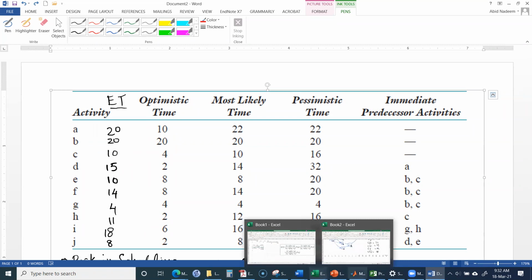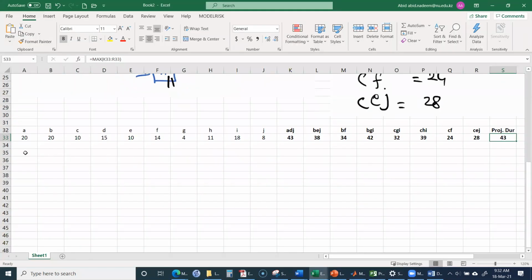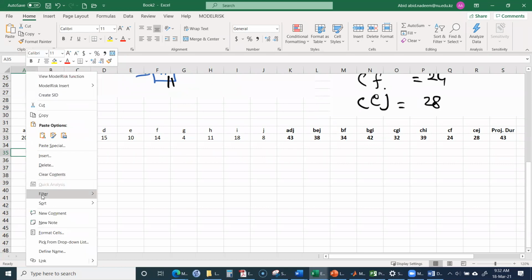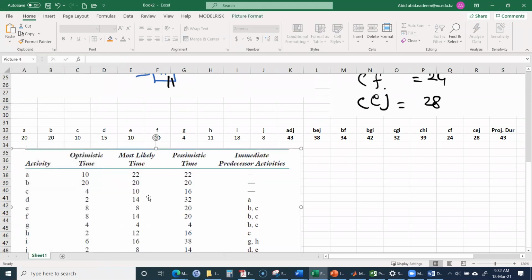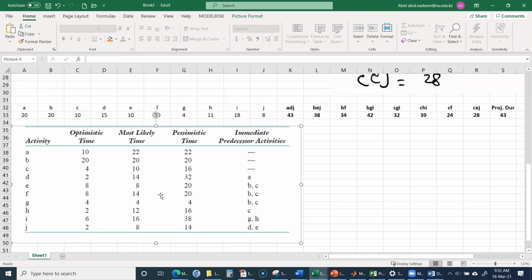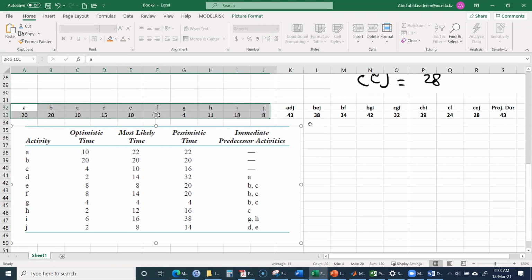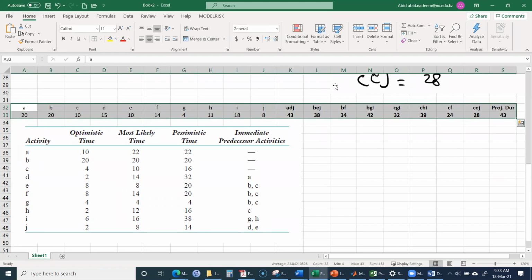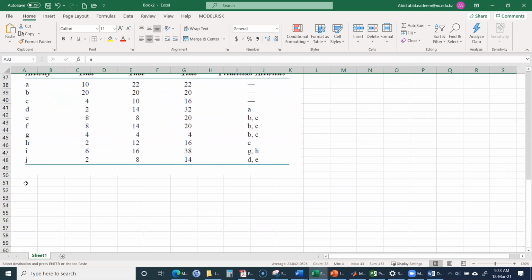Excel, where is the Excel? Yeah, here is this Excel. So I can copy this data over here. Now if I want to use the model risk, I can just make another copy of this data over here.